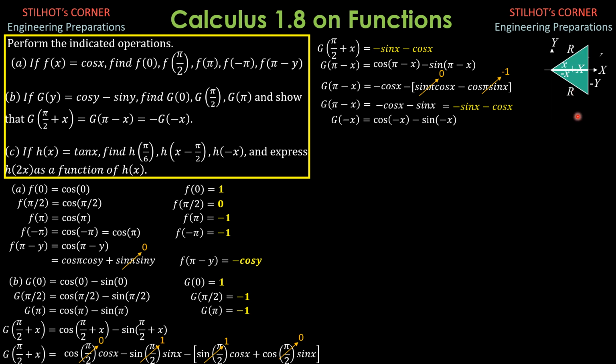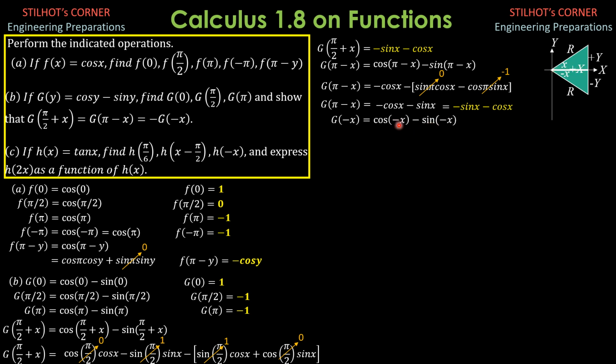R is always r, and that's the positive angle. So therefore, cosine of negative x is positive x adjacent positive x over big R.